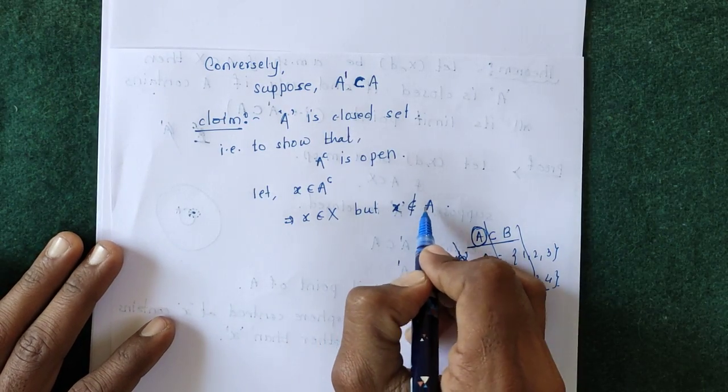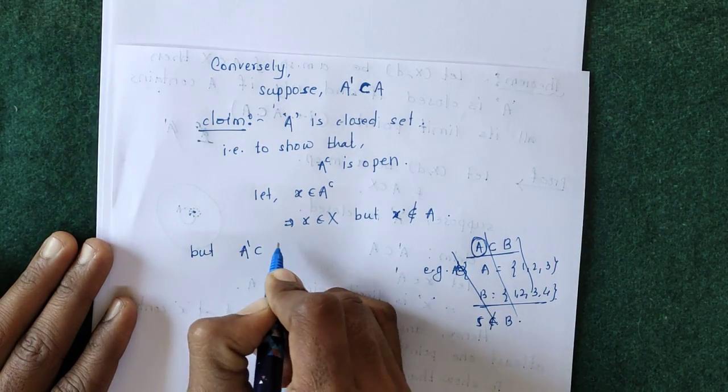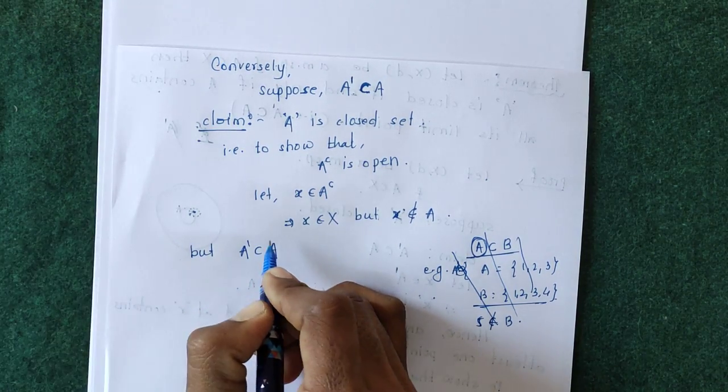Now this x does not belong to A, and also we have that the limit points of A are contained in A, that is, A contains all its limit points.